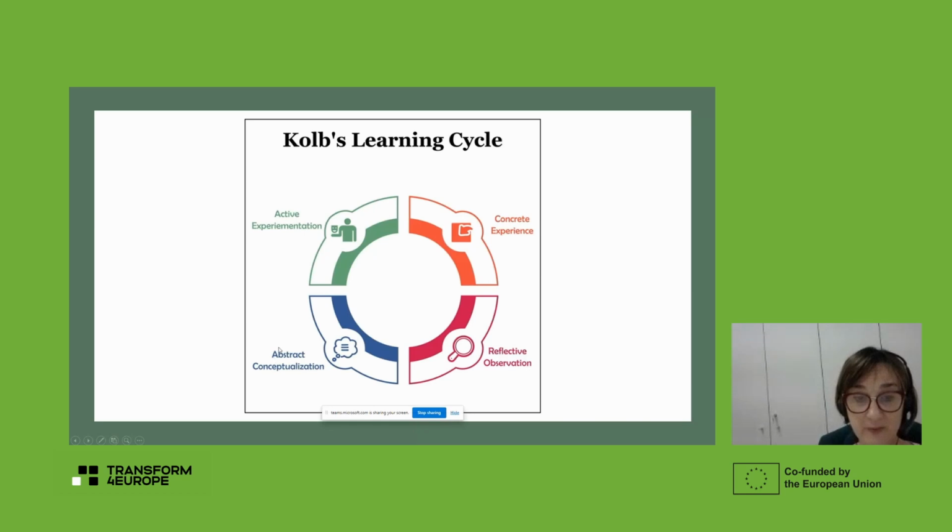This part is about the analysis, and of course also generalizations, so making some conclusions, which are then used in active experimentation. So they're used to test a hypothesis in some future situations, and these very often, of course, result in new experiences.